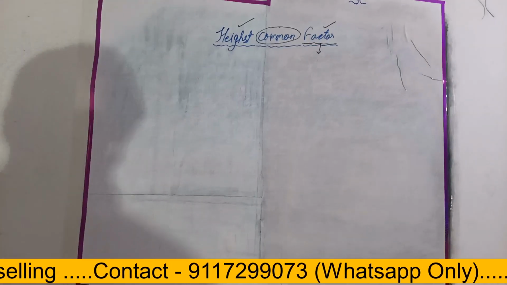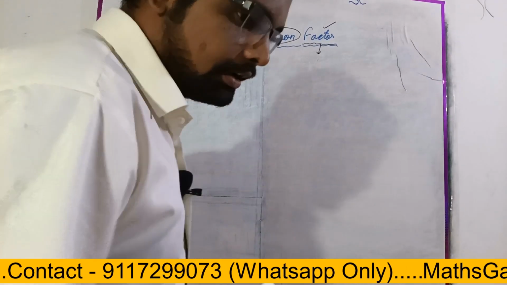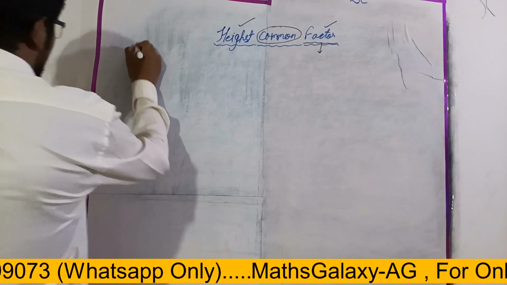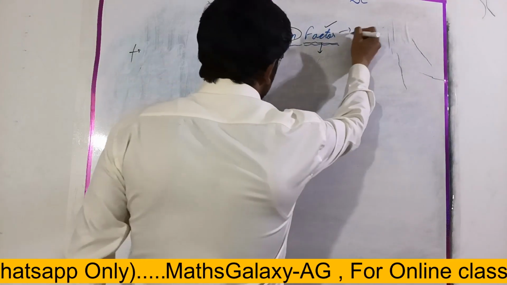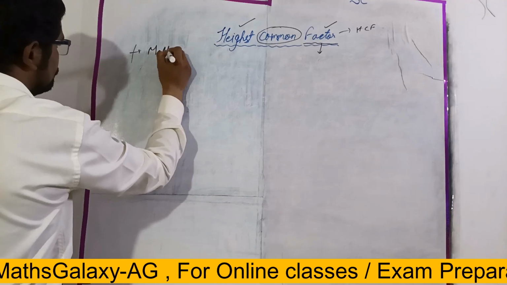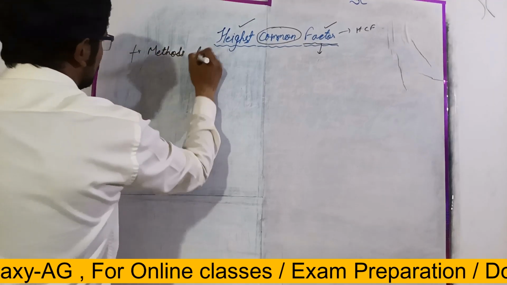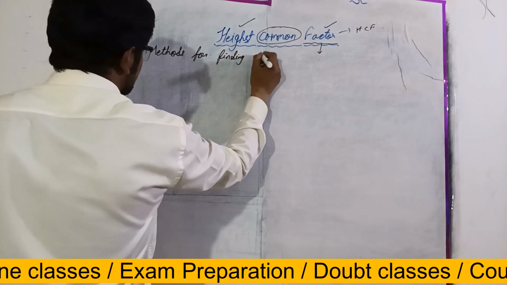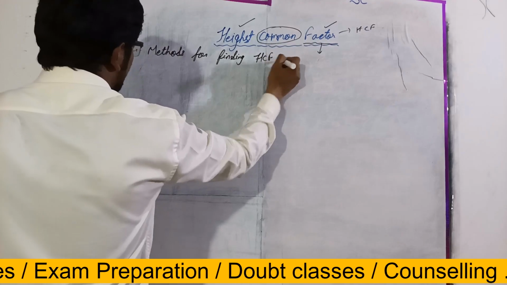Now we will learn the methods for finding HCF. In short, it is called HCF, highest common factor. So what are the methods?